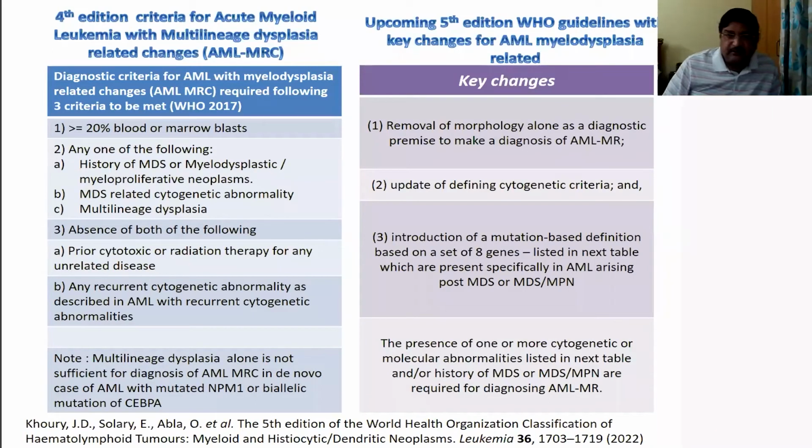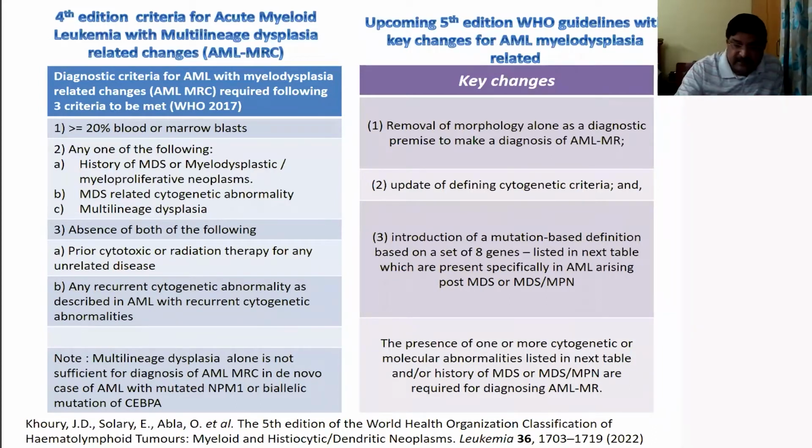So this is again making some distinction between the fourth and the fifth edition with some key changes that have happened. Removal of morphology alone as a diagnostic premise to make a diagnosis of AML with myelodysplasia related changes. You know, there is an entity in the WHO 2017 called AML with myelodysplasia related changes.